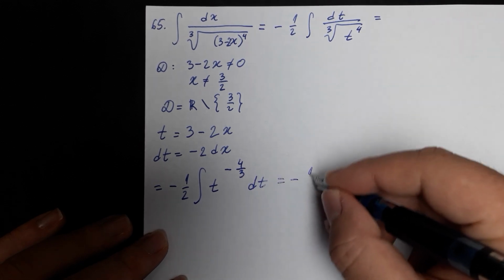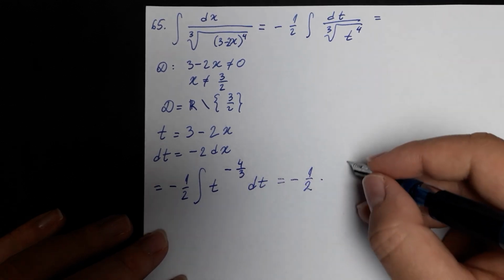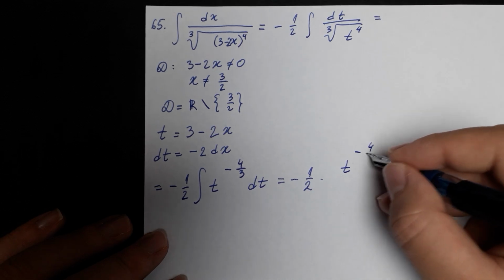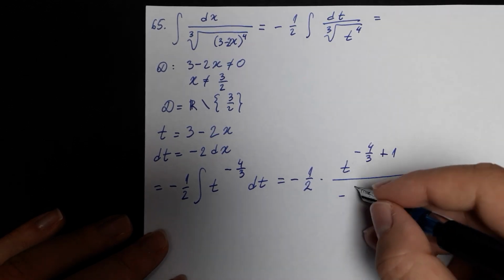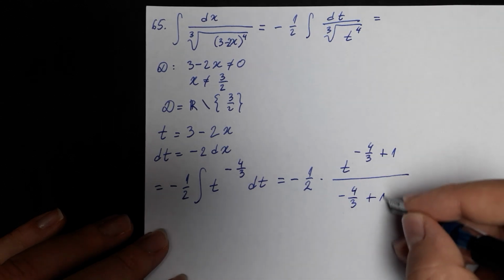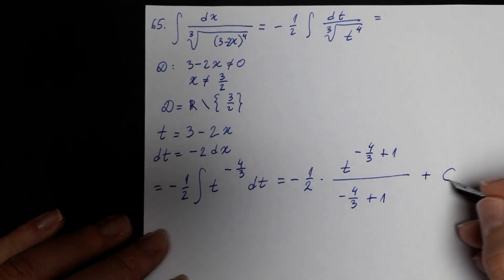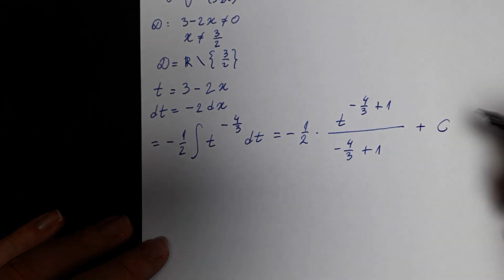This is then equal to negative 1/2 times t to the power negative 4 over 3 plus 1 divided by negative 4 over 3 plus 1 and plus an arbitrary constant c.